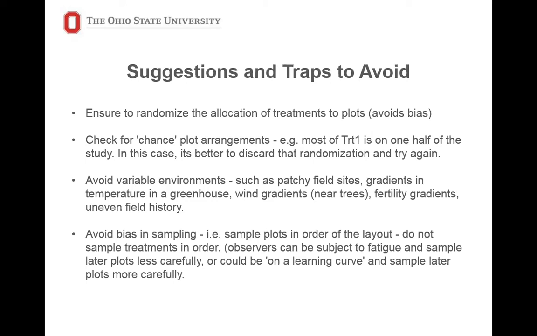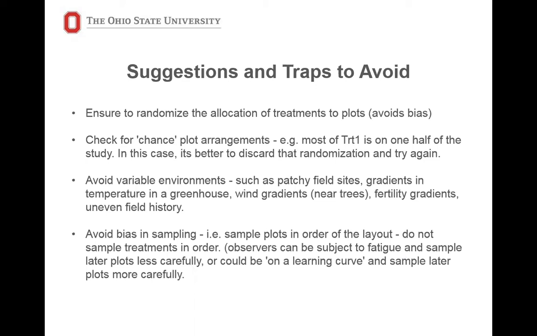If we do have a bias, say we become fatigued and sample later plots less carefully, or say we're sampling outside and we can see that there's some rainy weather coming. Maybe we accelerate our sampling protocol to try to get done before the bad weather comes.